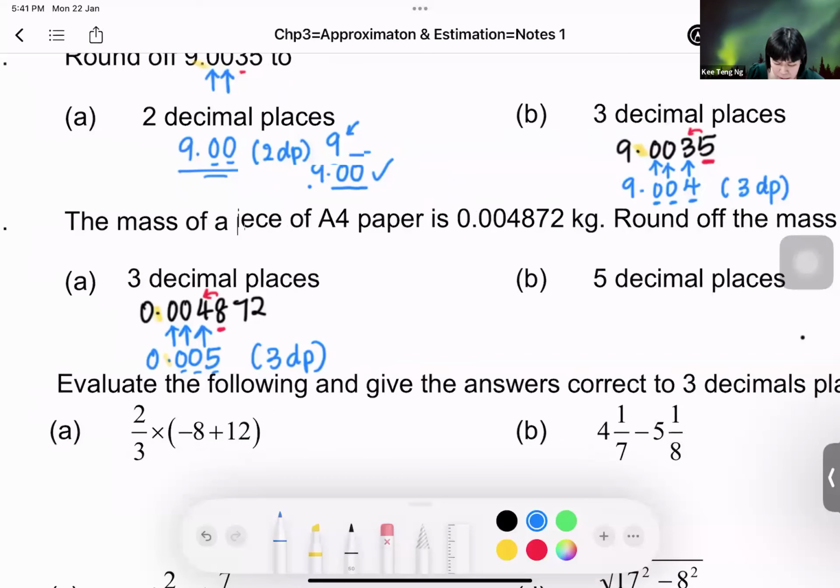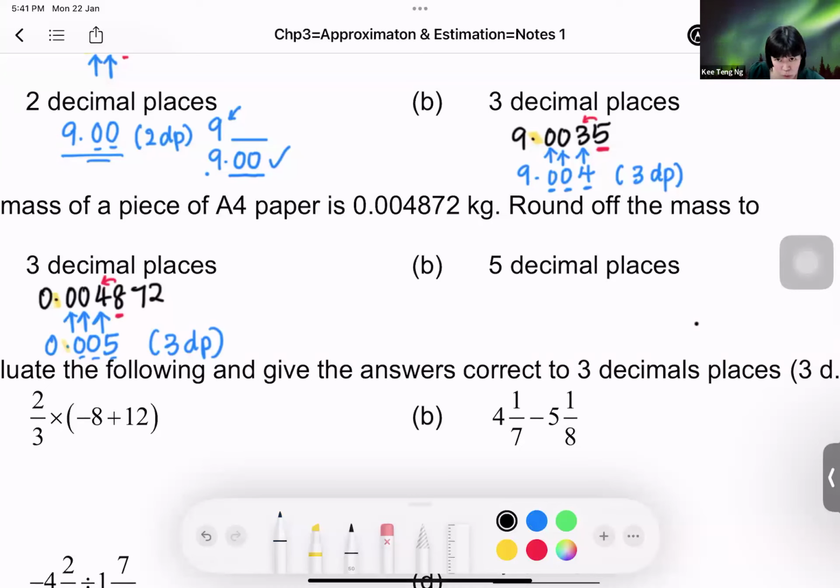How about 5 decimal places? Oh, this is also quite a lot. I have 0.004872. Look at my decimal. This is the decimal. What's the decimal placing? I have 1, 2, 3, 4, 5. The 5th decimal place is here. The digit after the 5th decimal place is 2.